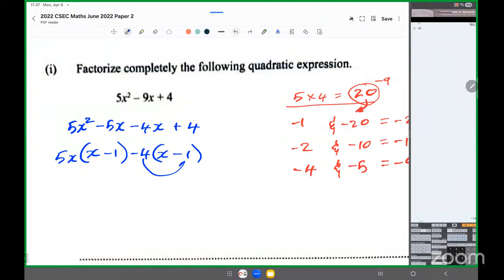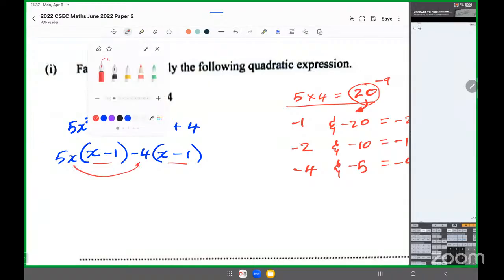The common mistake right here is that a lot of persons will put x plus 1 inside the bracket because of that plus. All right, so I have to be careful. That's why the same thing to do, as I said, is to write the same thing in the bracket here first. And then what happens now is that this x minus 1 becomes a common factor, connected with this 5x minus 4.